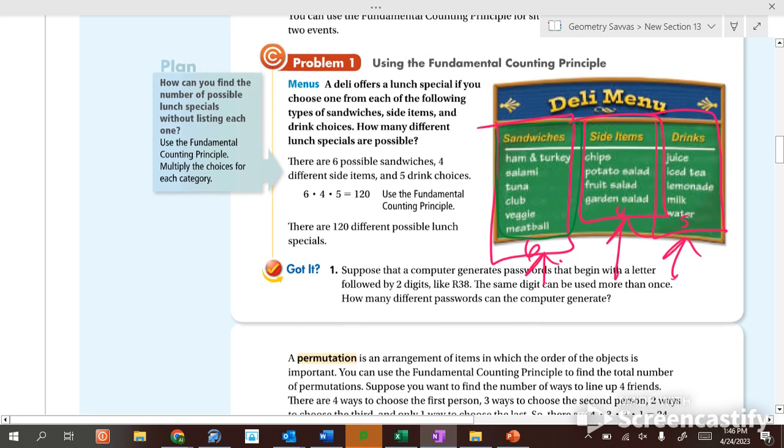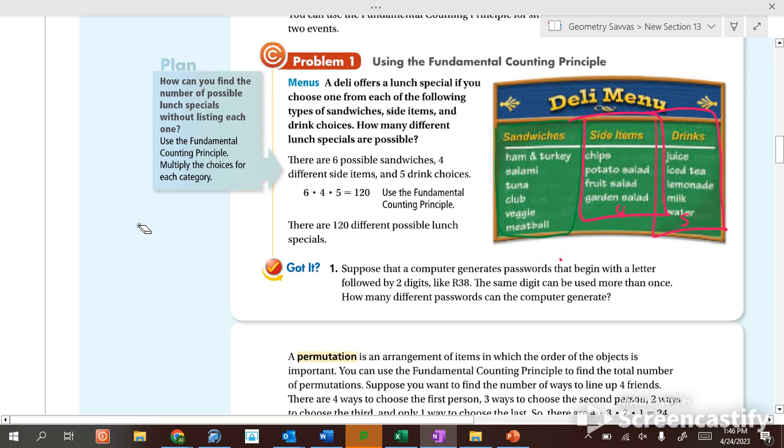Okay, so suppose your computer generates a password that begins with a letter followed by 2 digits, like R38. How many different passwords can you make out of that? Well, how many letters are there in the alphabet? 26.